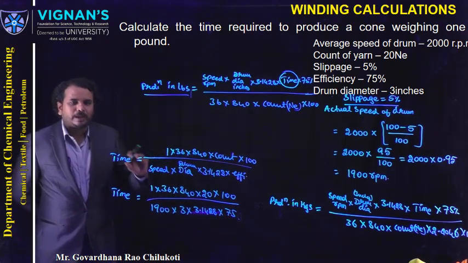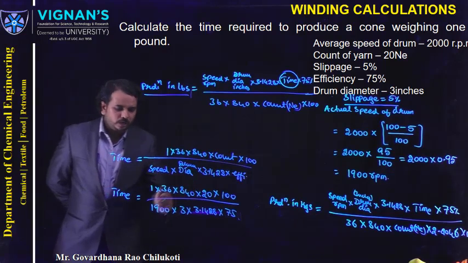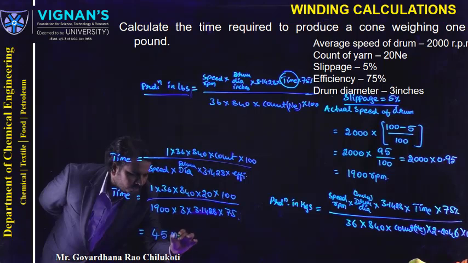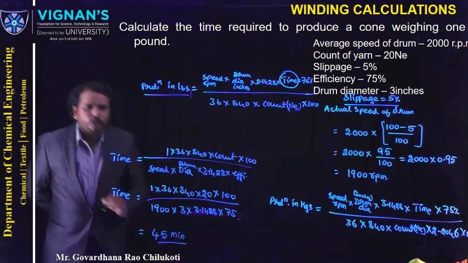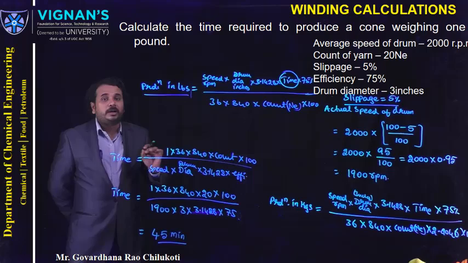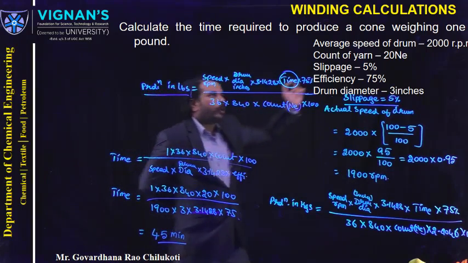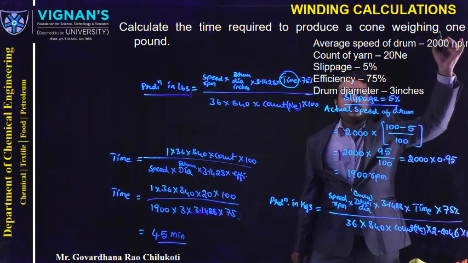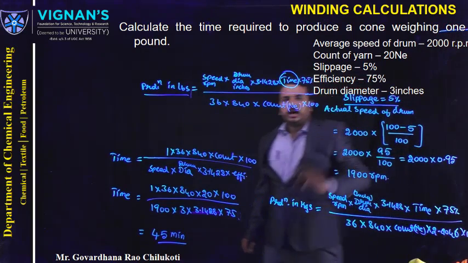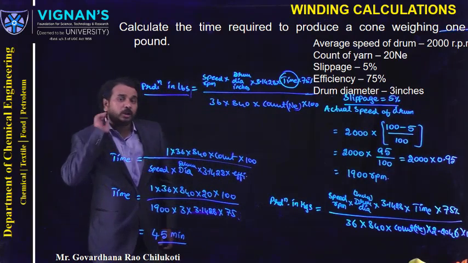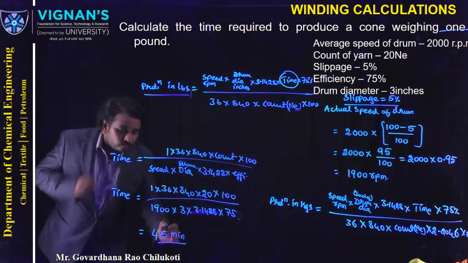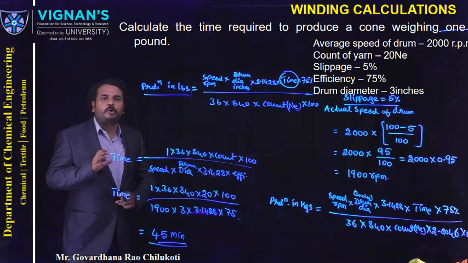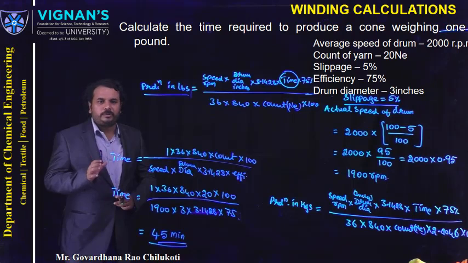So by calculating all, it came to around 45 minutes of time. So if you want to produce 1 pound of yarn with a cone, we require 45 minutes of time to produce 1 pound of yarn package.